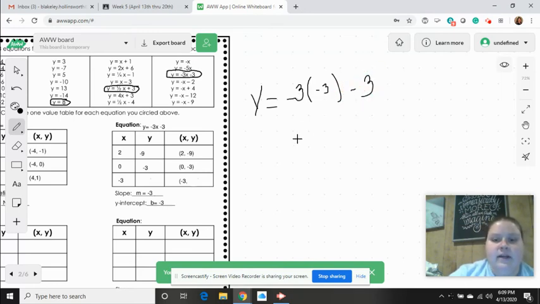Negative 3 times negative 3 gives me a positive 9? No, 3 times negative 3 is negative 9, and negative 9 minus 3 is negative 12. Okay, I think I had something like 12 there, and that's because I had lost my signs. So negative 12. Okay, that is step number 1.